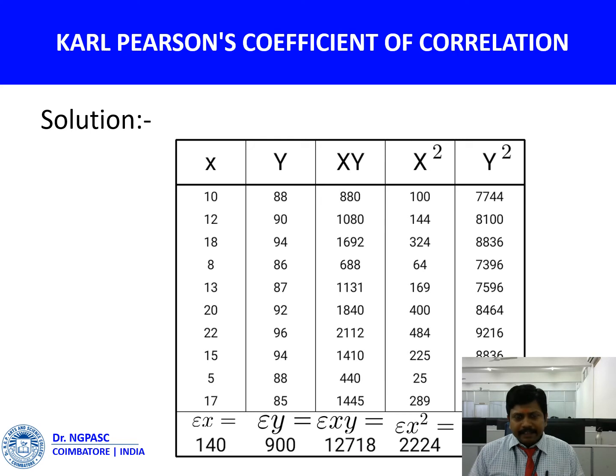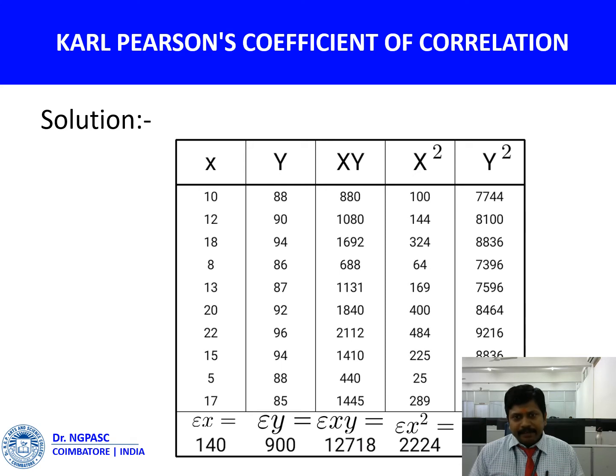After calculating these 5 columns, we have to find the summation for all 5 columns: sigma x, sigma y, sigma xy, sigma x square, and sigma y square.